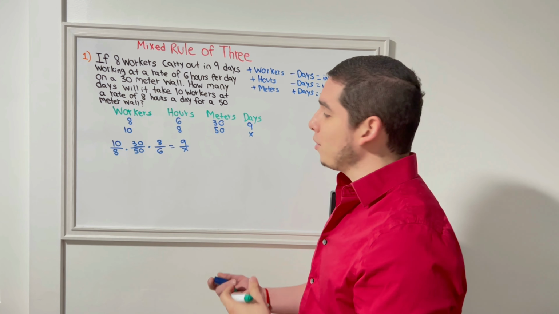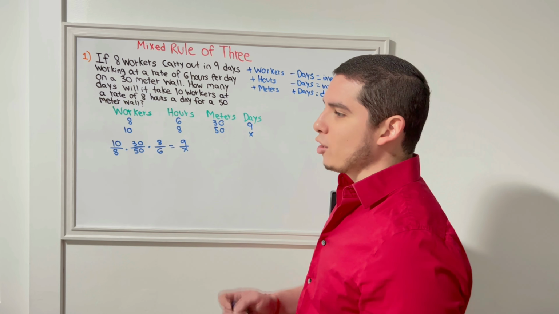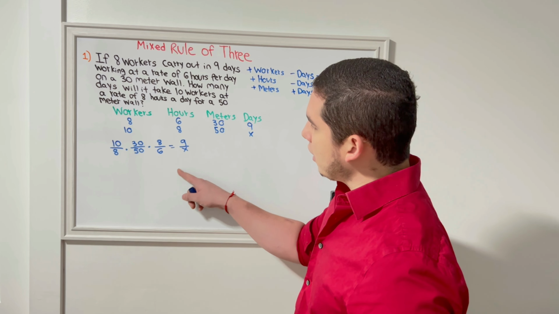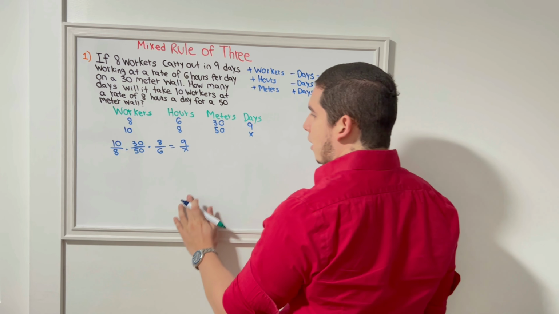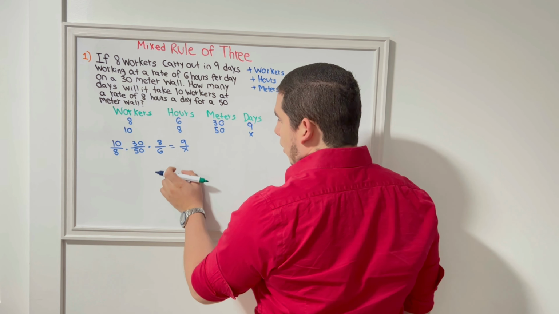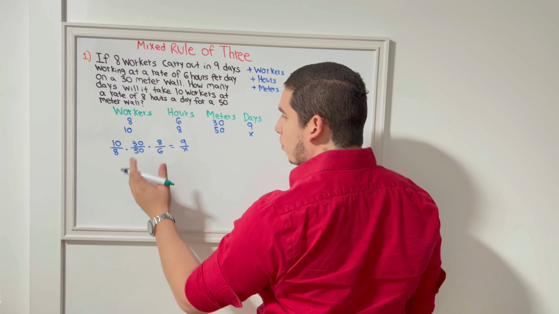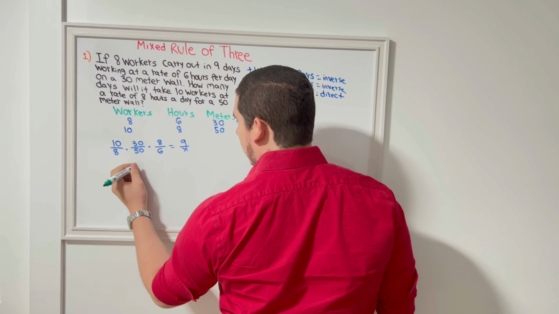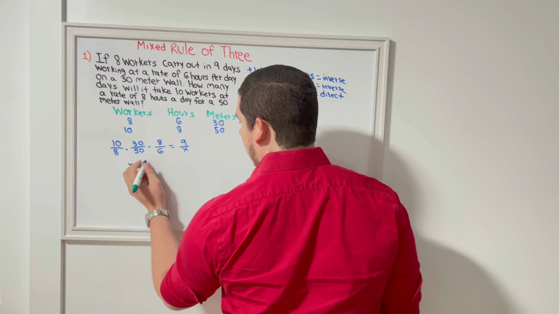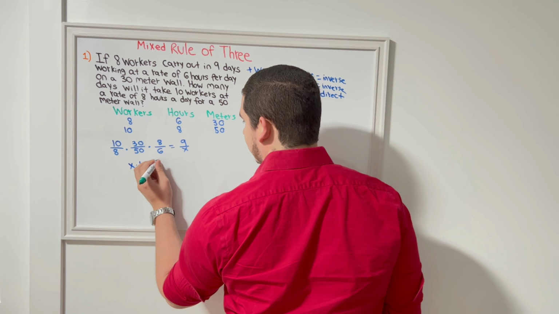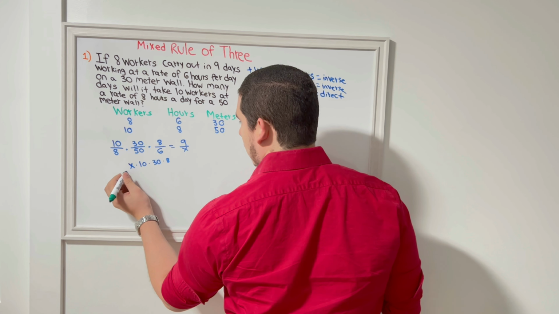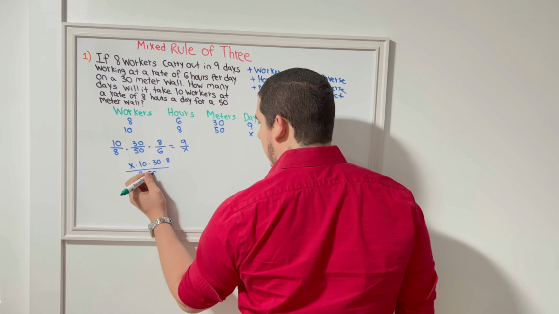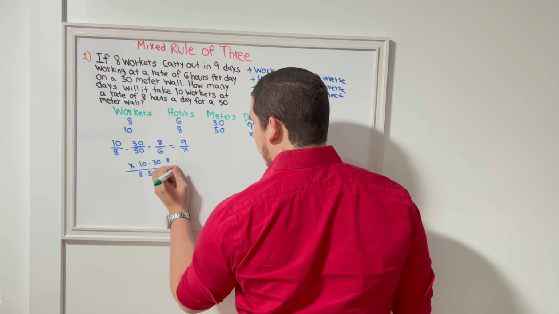As I said in the last video, we will have to apply a little bit of algebra, but just follow along, please. We have to isolate the x, right? Therefore, we're gonna send it to the other side, multiplying the factors. Therefore, this x that multiplies 10 times 30 times 8 divided by 8 times 50 times 6 equals 9.